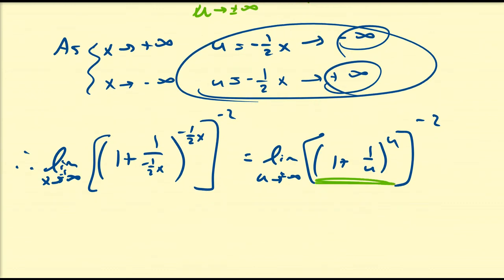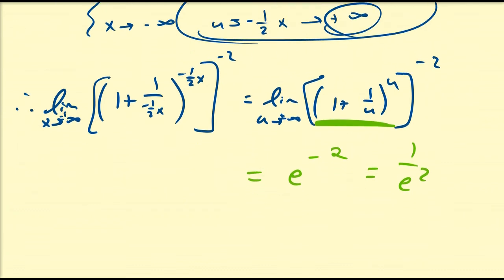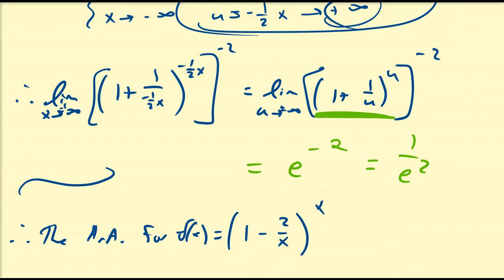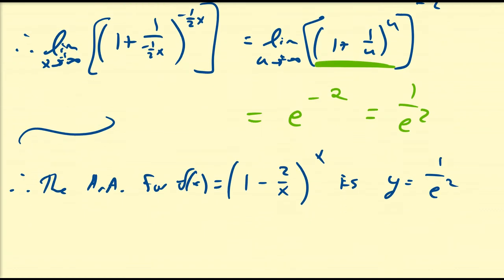As we already know, the inner expression is going to get closer and closer to e, so this whole expression is going to get closer and closer to e to the minus 2, which is 1 over e squared. So that means the horizontal asymptote for f of x equal to (1 minus 2 over x) to the power of x is y equal to 1 over e squared.